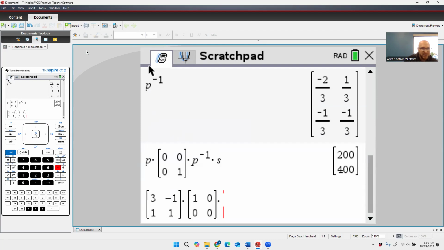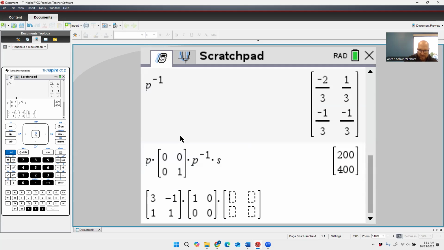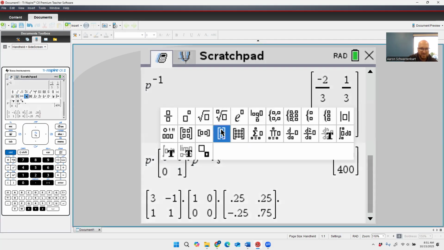And my P inverse matrix. I just made those decimals because I could. And then it was 45,000 and 52,000.